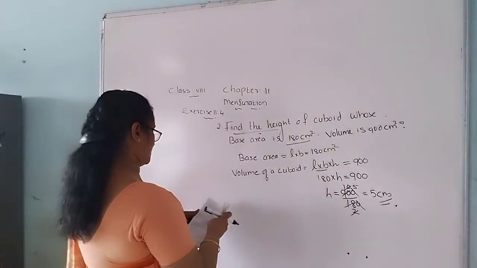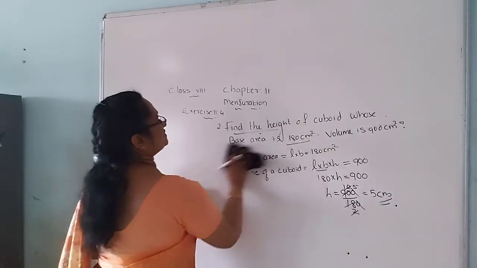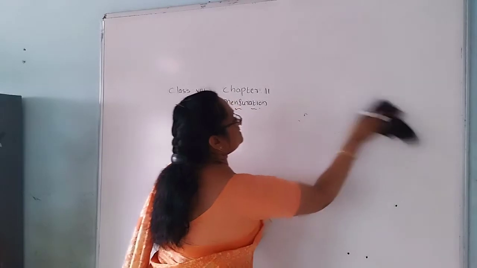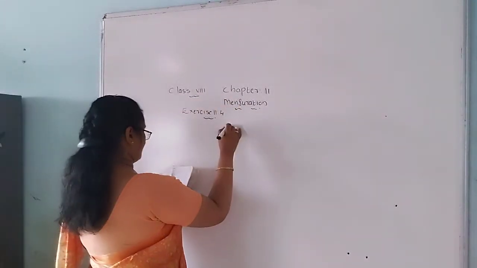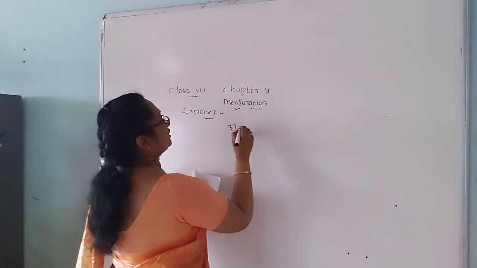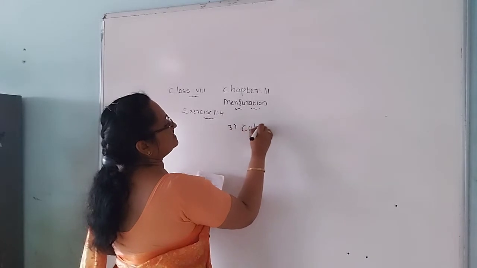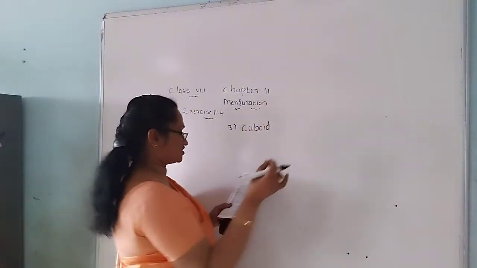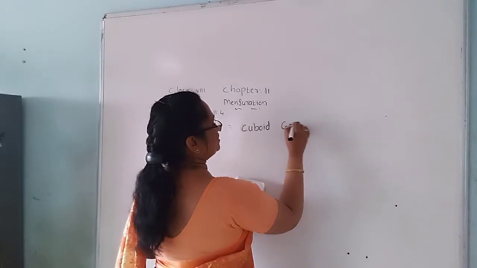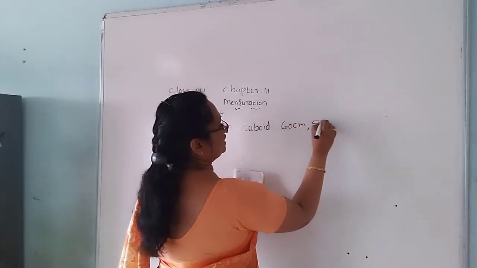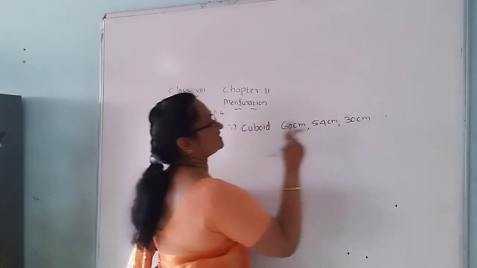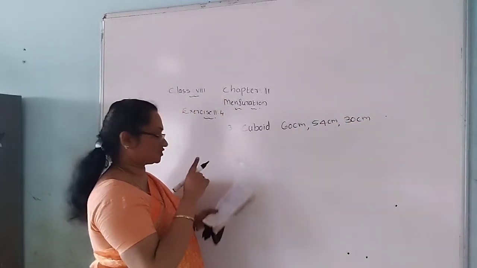Next, the third question. In the third question, they give that a cuboid shape has dimensions. Dimensions mean length, breadth, height. The values are given as 60 centimeter, 54 centimeter, and 30 centimeter, the length, breadth, and height of the cuboid.